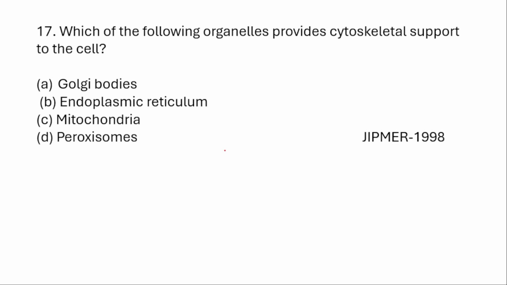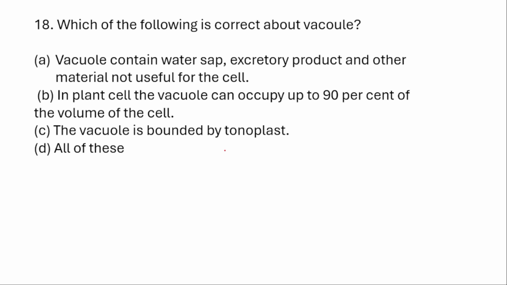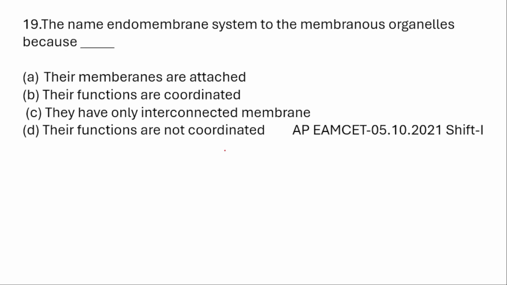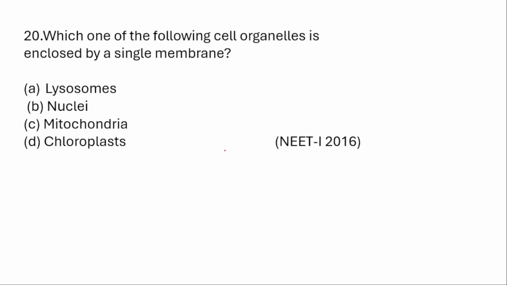Better answer in the comment section. Which of the following is correct about the vacuole? Among these, which one is correct about the vacuole? This one: the name endomembrane system to the membranous organelles, because it was asked in 2021. Which one of the following cell organelles is enclosed by a single membrane?